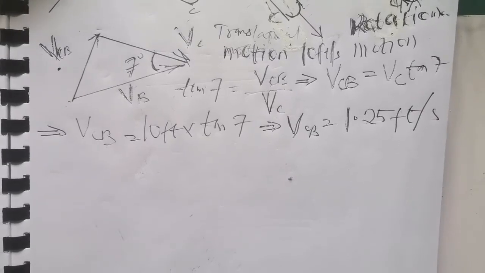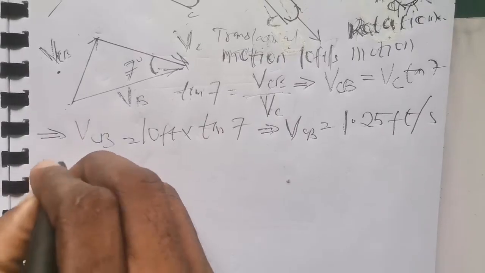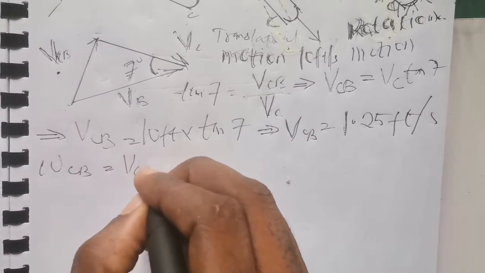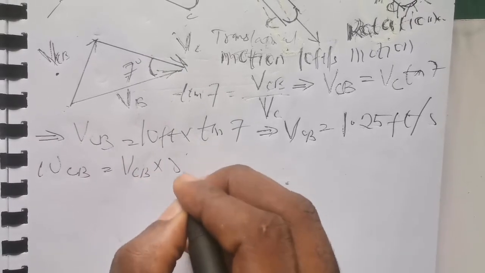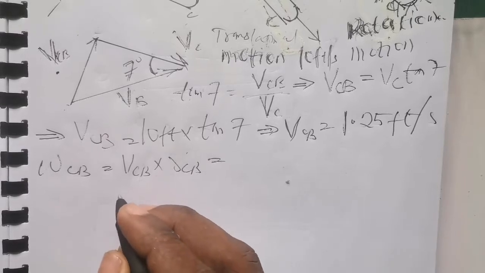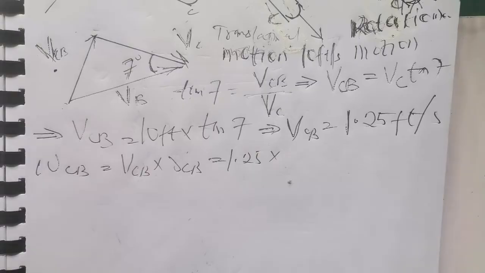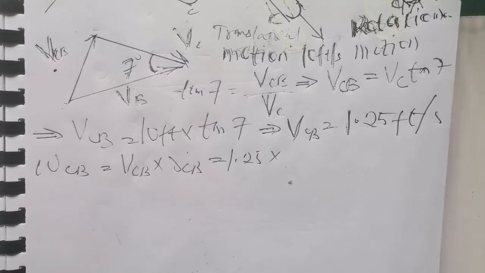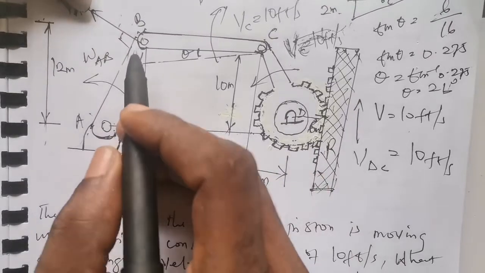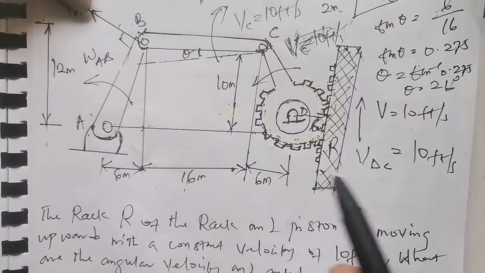If we know this to be the velocity, then we can find the angular speed. The angular speed of CB is going to be the velocity of CB divided by the radius arm of CB. We obtained the velocity to be 1.25, and the radius arm, which is the distance from C to B, was given to us here as 16 meters.